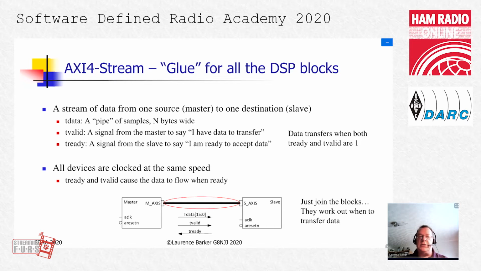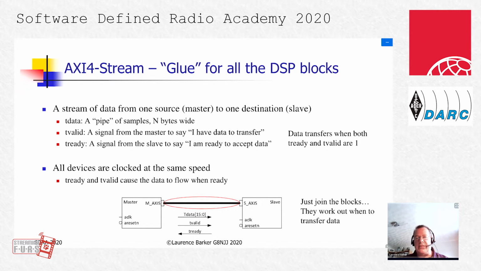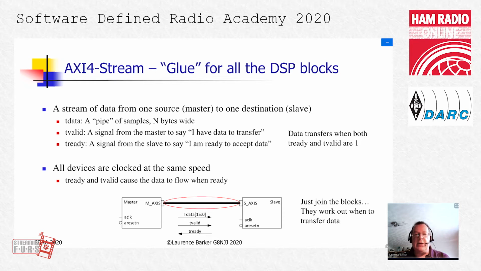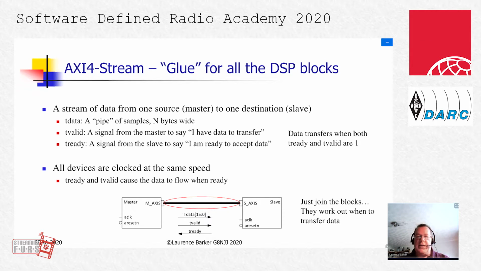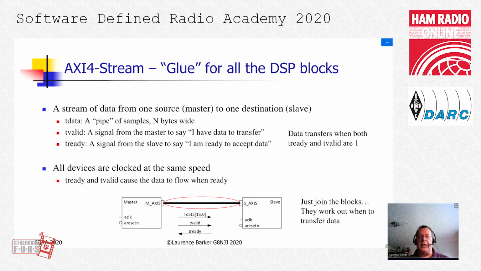It's got a signal called T-valid, which is a signal from the originator of data, called the master, to say, I am ready to transfer data. And it's got a signal called T-ready, which comes from the receiver of data, or the slave, which says, I am ready to accept data. Data transfers when T-valid and T-ready are both 1 in the clock cycle.